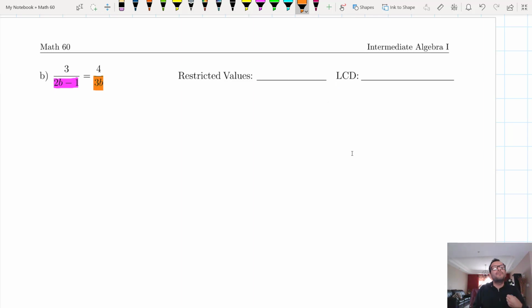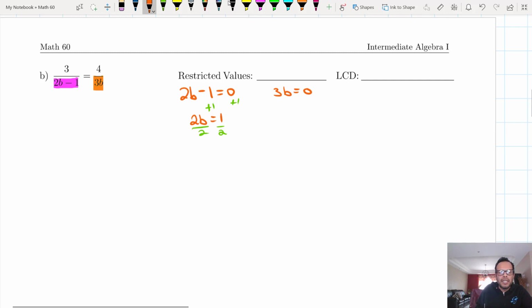Again, let's go back to what we did in section 6.1. In order to find the restricted values, set the denominator equal to 0 and solve the mini equations for the variable. Add 1 to both sides to get 2b equals 1, and then divide both sides by 2, and b equals 1/2.